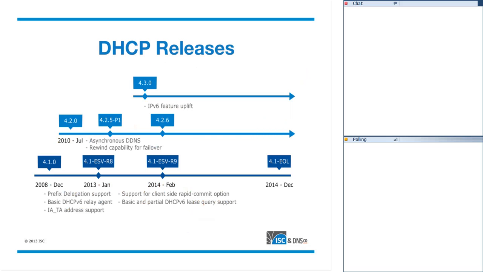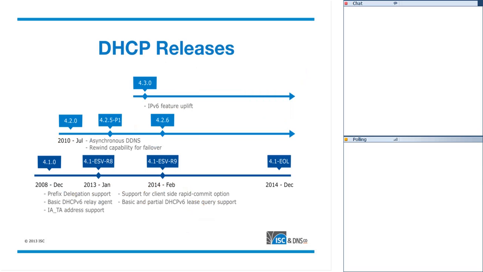So if we take a look at a little closer, more recent history of ISC DHCP, release 4.1, we released back in December of 2008. And 4.1 became what is our ESV release, or extended support version, and still remains so. And you'll see listed there that we have some IPv6 support in 4.1 and 4.2 as well.